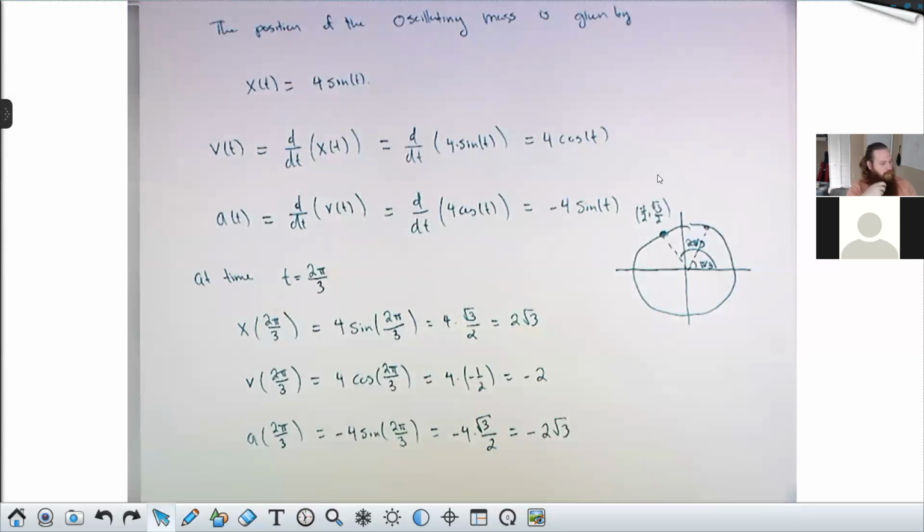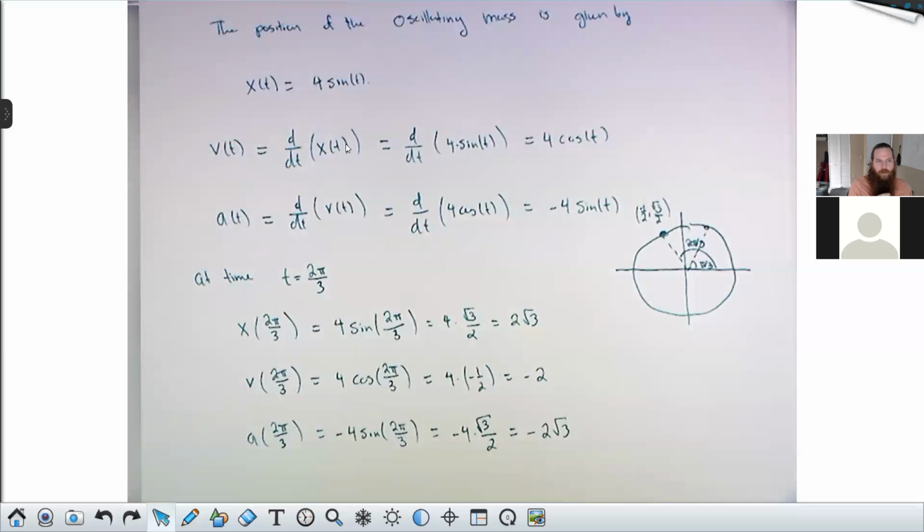So, fun question. If my velocity is negative and my acceleration is negative, what's going on? Yeah, so the fact that the velocity is negative means we're heading in the negative direction.